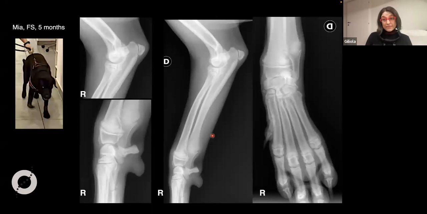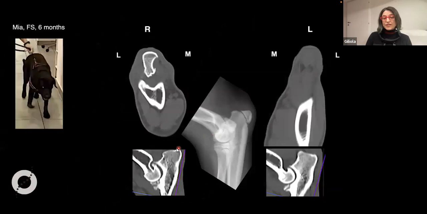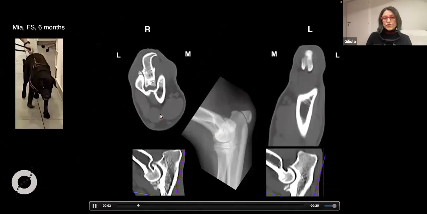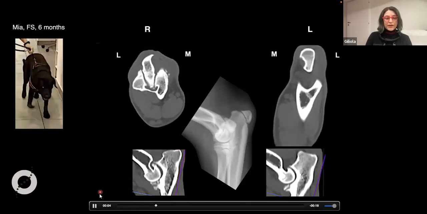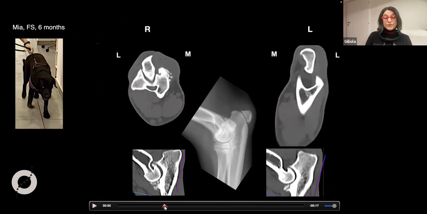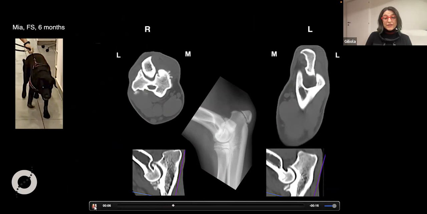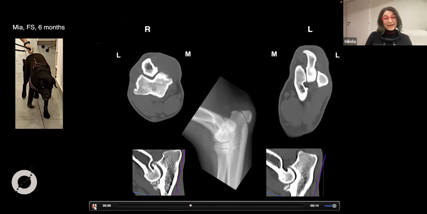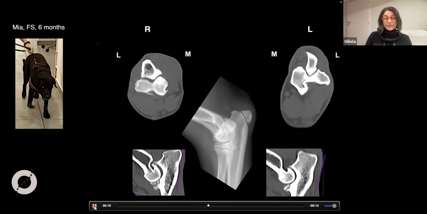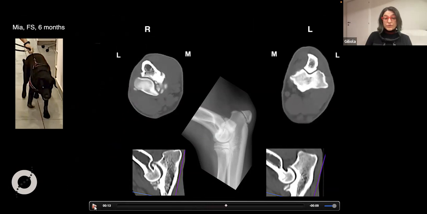At 6 months of age, this dog went for CT, and in the elbow CT is fantastic because it shows the problem much better. At 6 months of age, this dog has already developed bilateral fragmentation of the coronoid process.